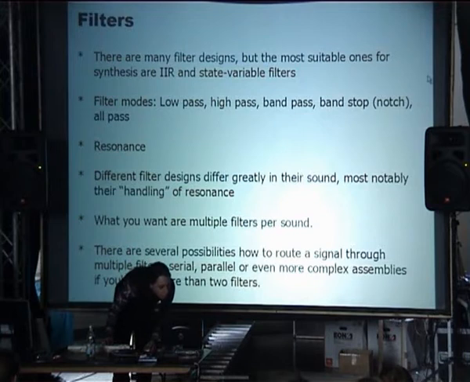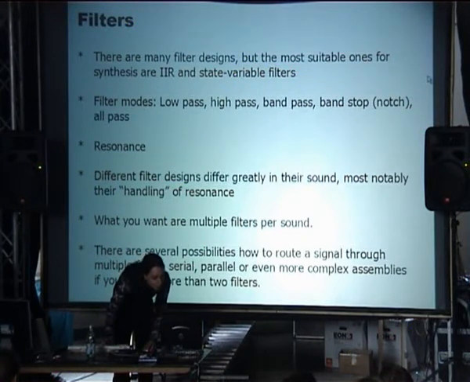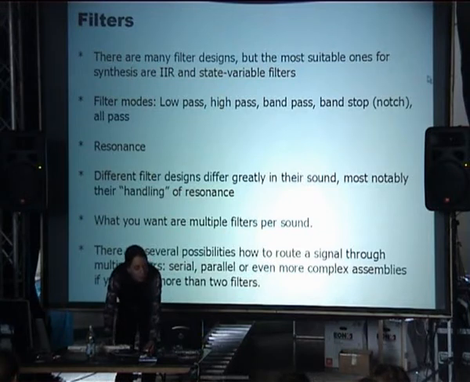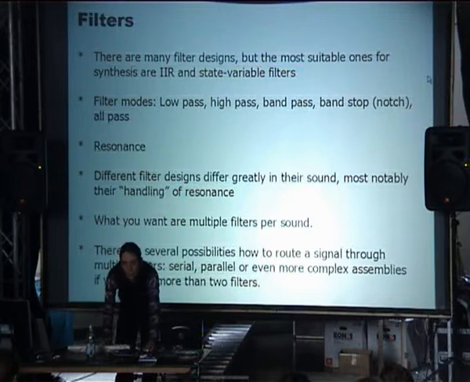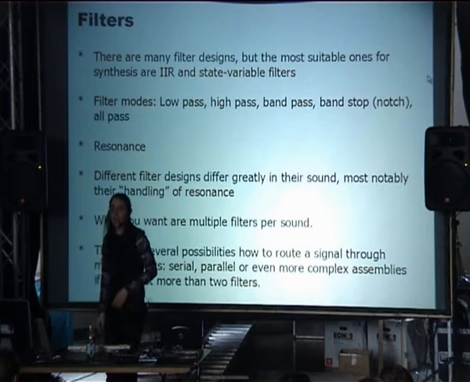Wrong button. Wait. So it lets through only certain frequencies. And we have the notch filter, which filters away certain frequencies and lets everything else pass. Which is great for modulating stuff.